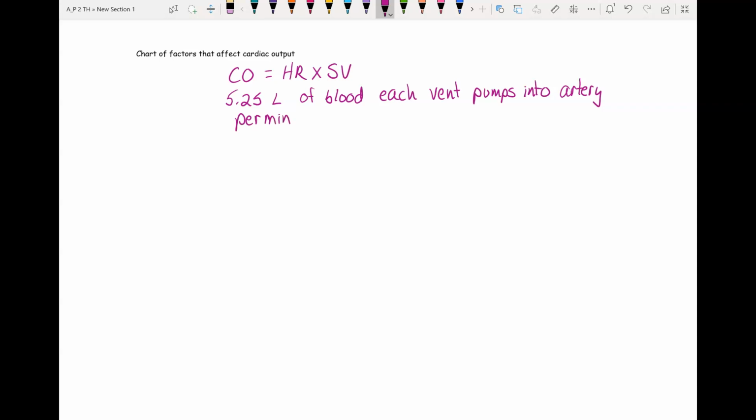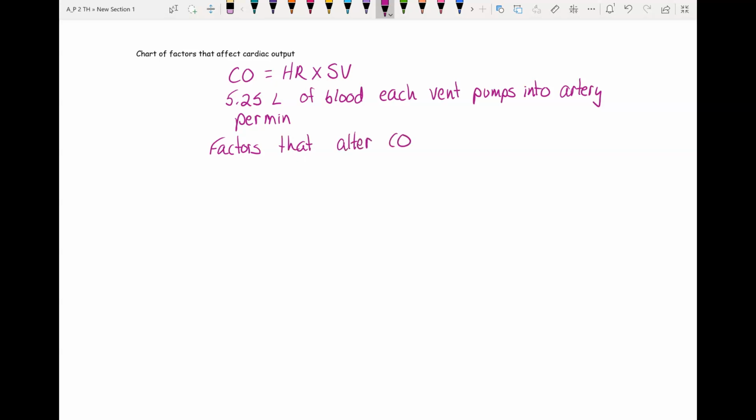And we had a lot of things that alter it. So cardiac output can go up or down. That 5.25 is an average healthy adult at rest. It's not always 5.25. It varies. So we have factors that alter cardiac output.